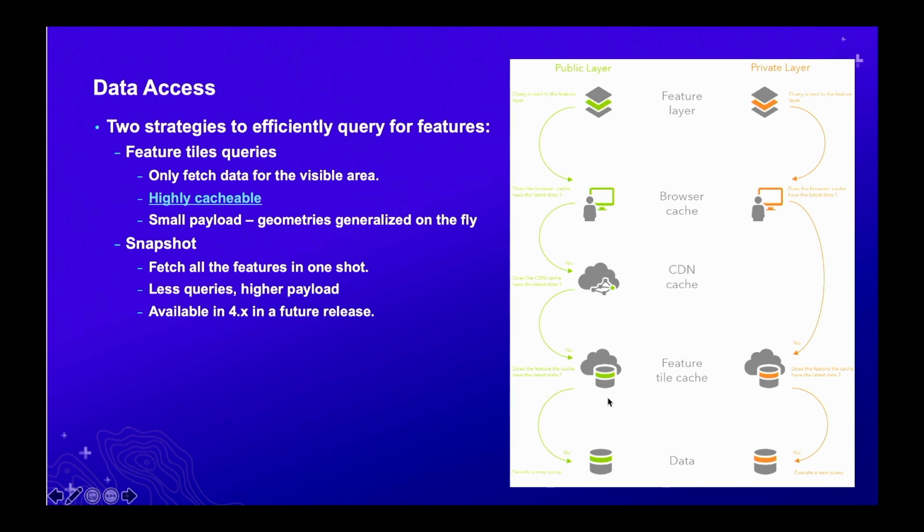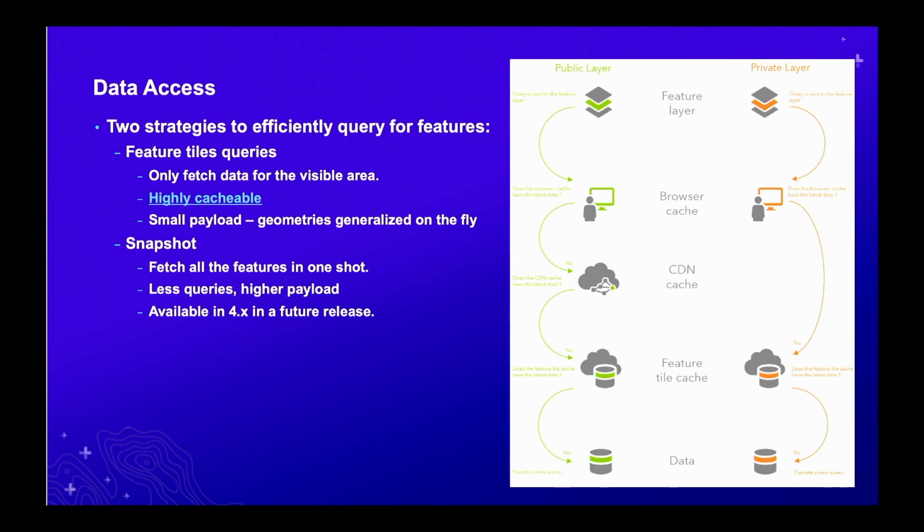So the server also keeps those tiles in memory, or in its cache. And then finally, there is the server in case the query needs to be executed against the server.